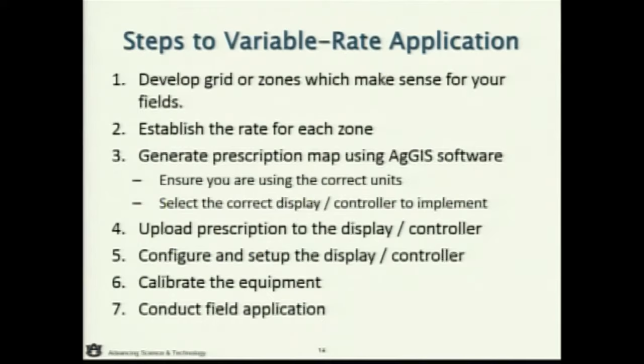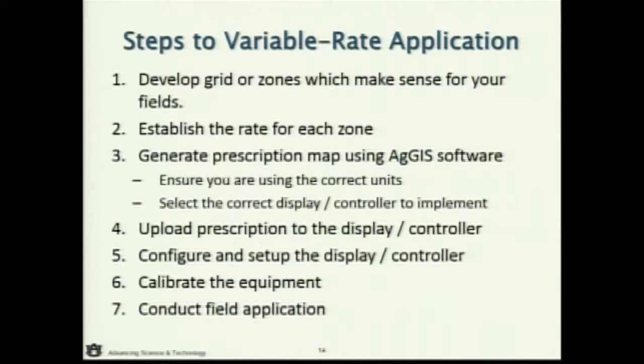The big thing, the two key things, is make sure your units are correct: pounds per acre, seeds per acre, whatever that might be. It's very important that what's generated in the map matches up with the technology I'm using on the equipment, because if it doesn't, you might get a little surprise. The other thing is make sure that when I export that data file or prescription map from the farm software, it's exported for my specific display.